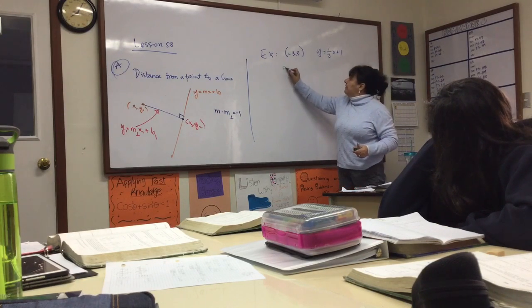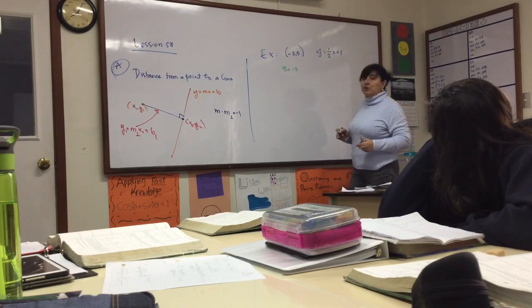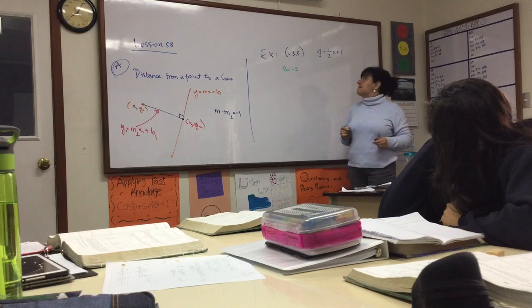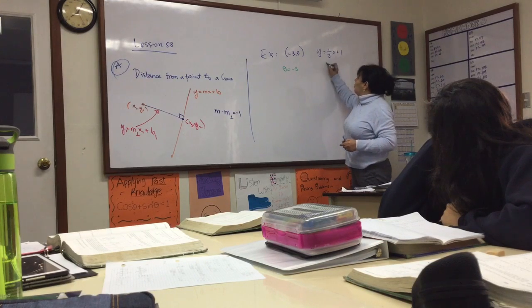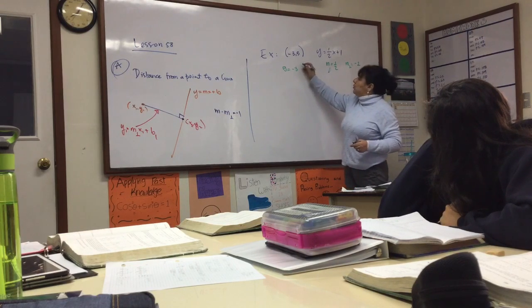So we've got 5 equals -3 with what slope? With the reciprocal of this one, with the negative reciprocal. So this one, m would be 1/2, right? So negative reciprocal would be -2. So that's the one we use here. 5 equals -2 times -3, plus b.